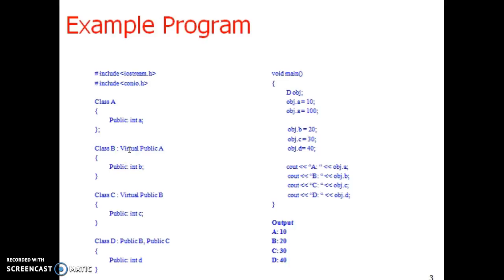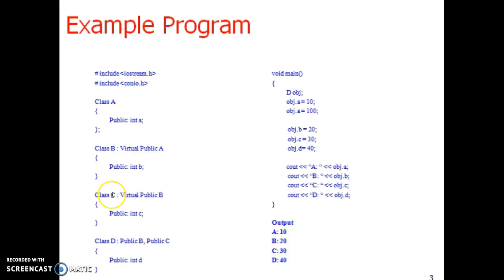So before the access specifier, we have to use the keyword virtual. By using this keyword virtual, this particular class A will be called a virtual base class.